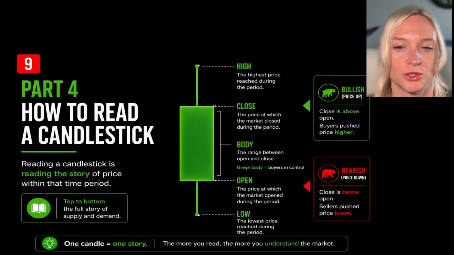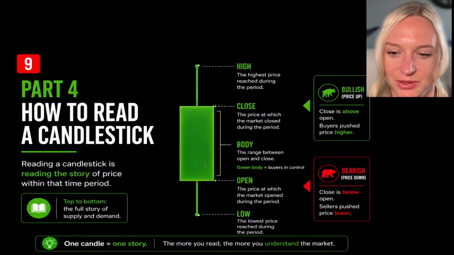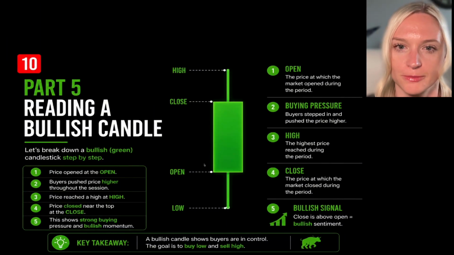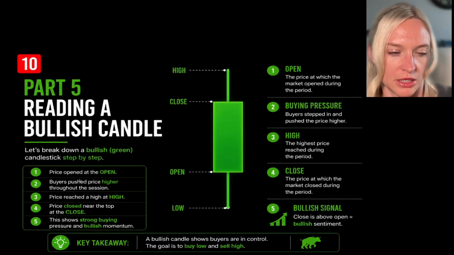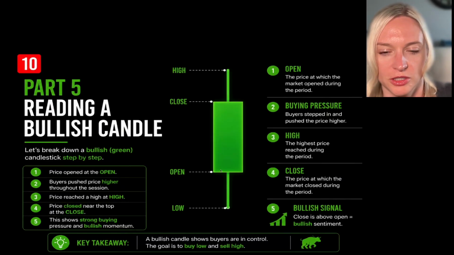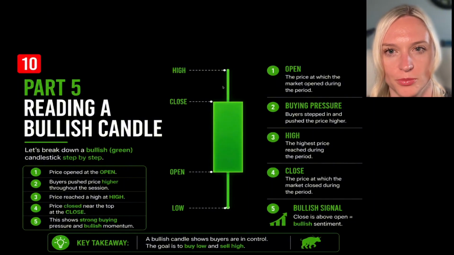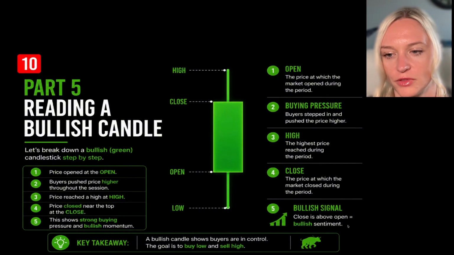And the computer will turn your candles green to help you out, because the same candle can look bearish. So let's keep talking about the bullish. We kind of went over this, right? It opened right here. It went lower, but the bulls pushed up higher, and then the bears pushed down, and that's where it closed. So that's the basic of a candle.